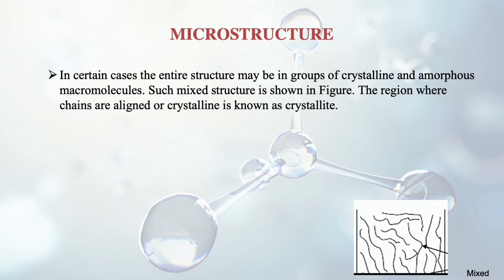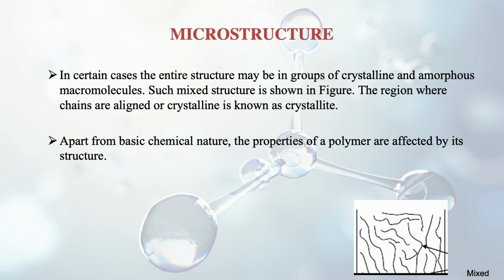In certain cases, a part of the structure contains aligned chains, whereas the other part has a mixed type, where they are in a compact structure. This is called a mixed type of microstructure, because it has some fibers which are somewhat crystalline and some others which are amorphous. So there is a mixture, and they will have mixed properties also.